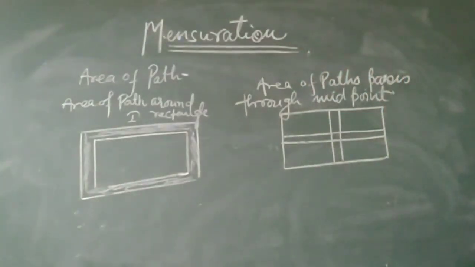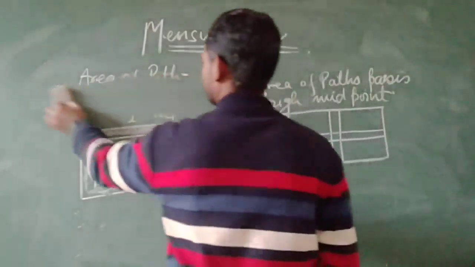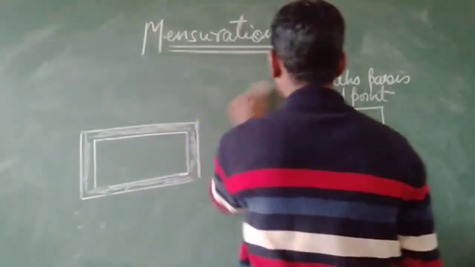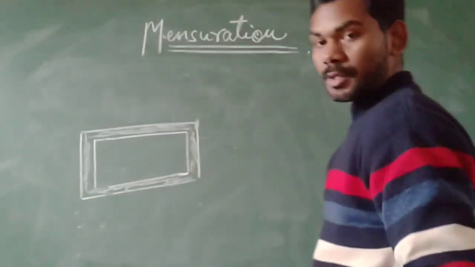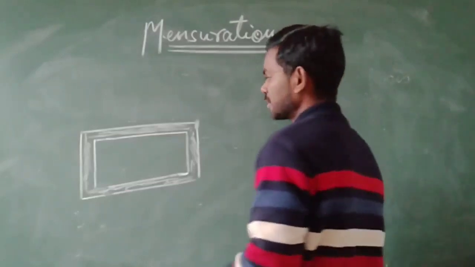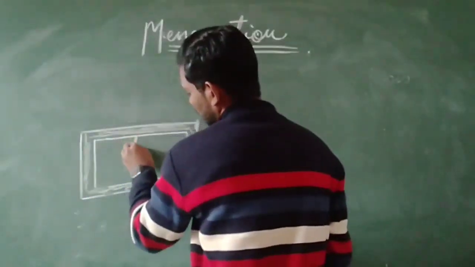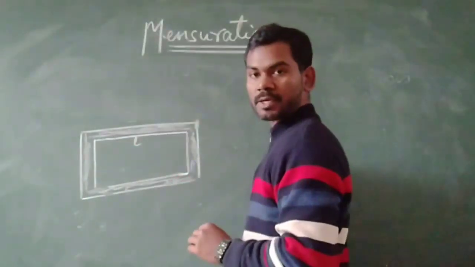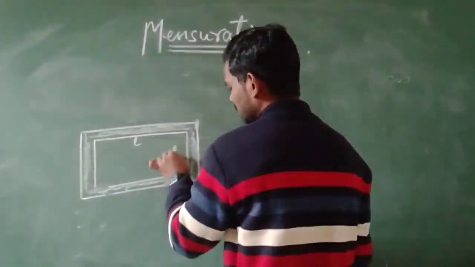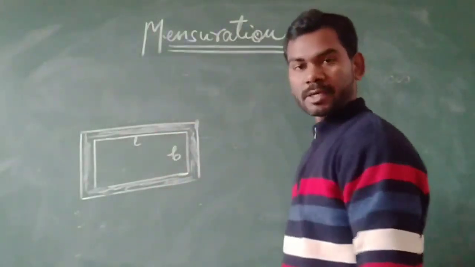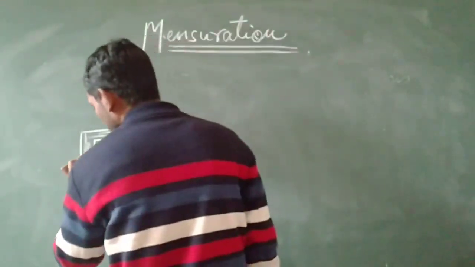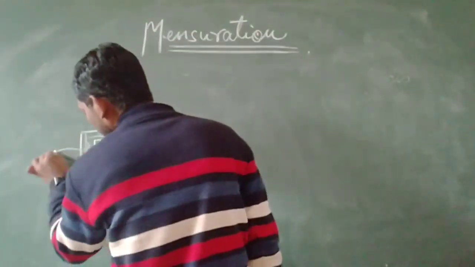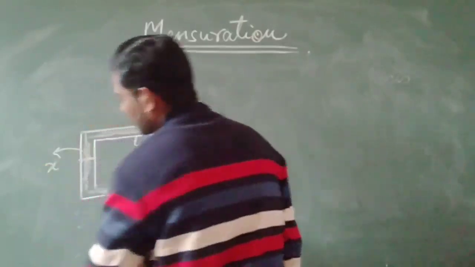So here in this rectangle, this is the length of the rectangle and this is the breadth of the rectangle, and the thickness is given by x.